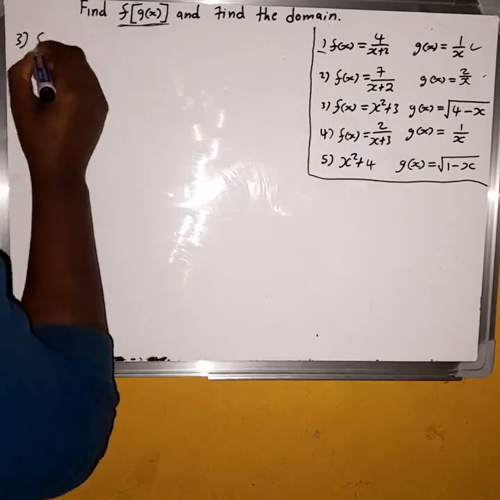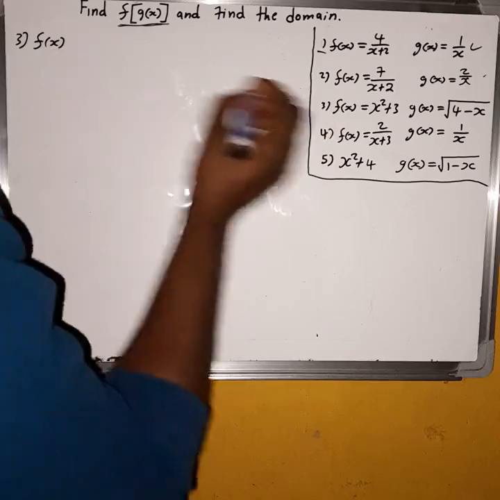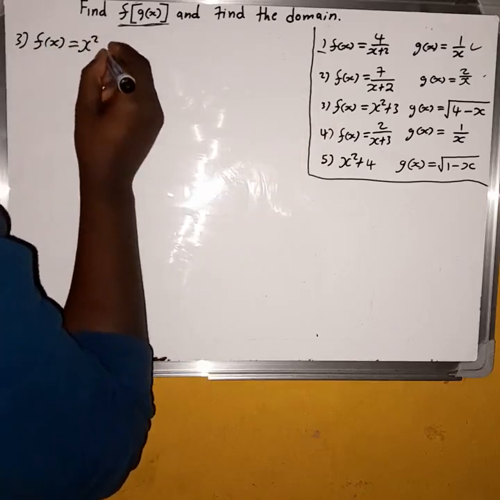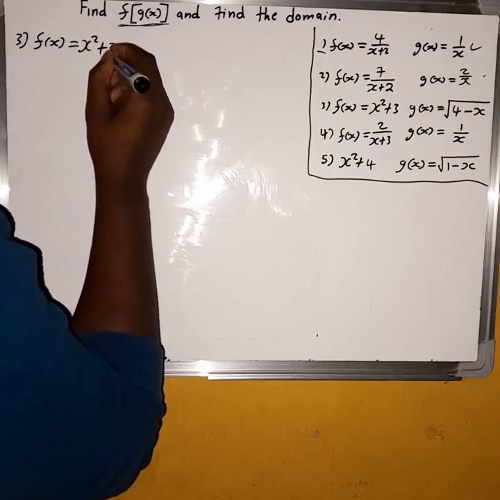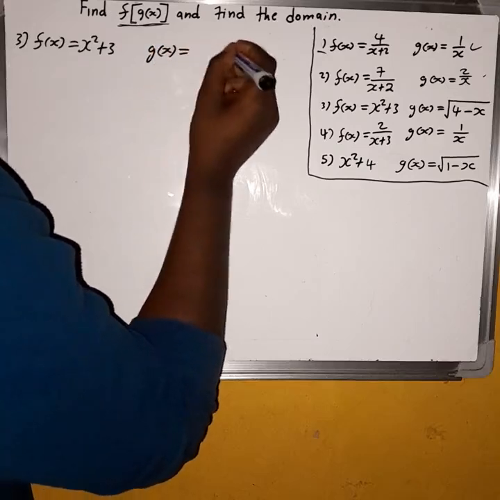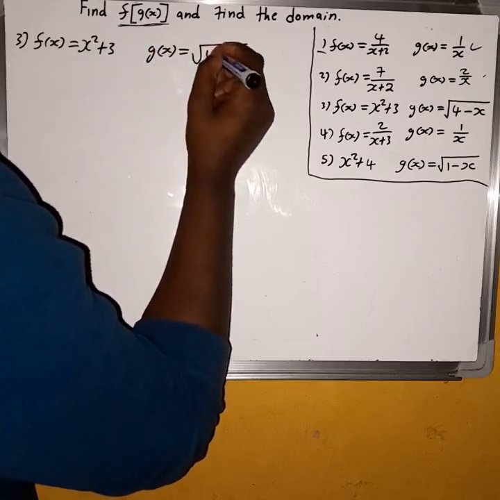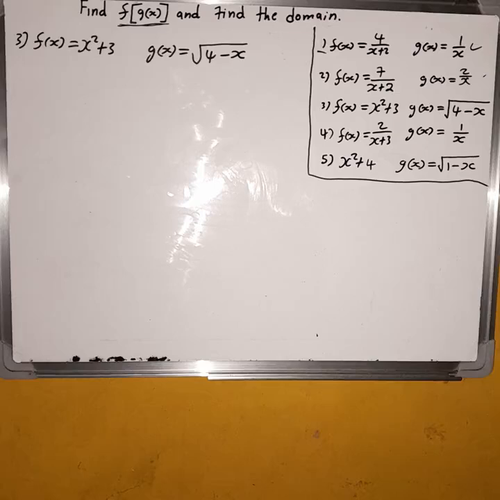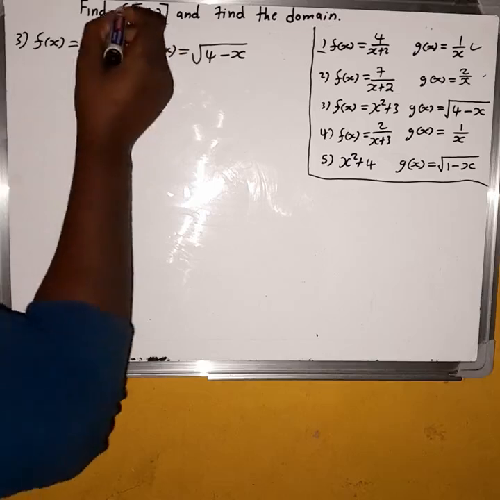We have f of x equal to x squared plus 3, g of x equal to the square root of 4 minus x. Right, so we use that.